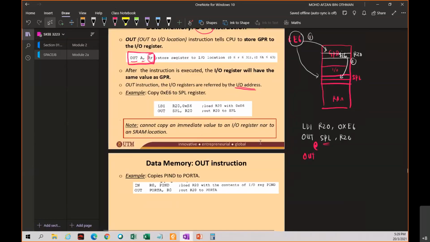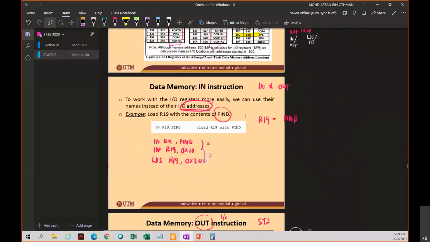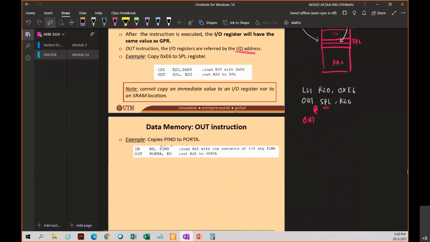You need to figure out what is the address of SPL. This is your SPL, 0x3D. So you can simply write out 0x3D, R20. Benda yang sama.